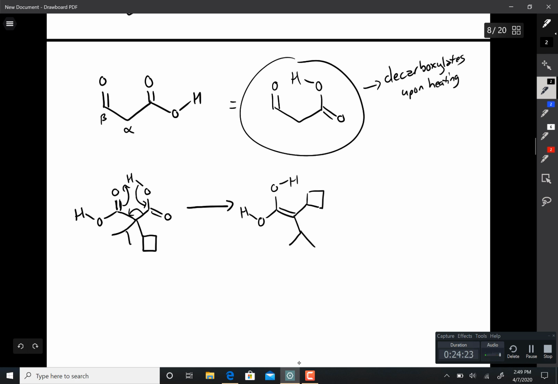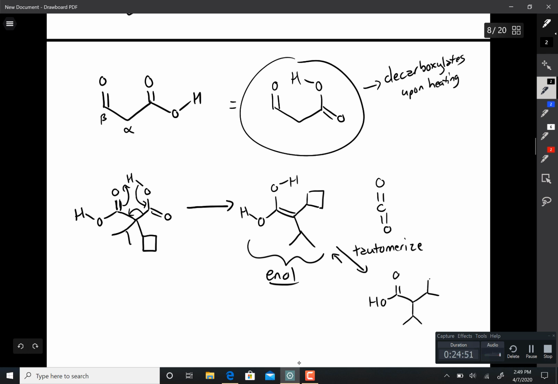What you end up getting is this compound and carbon dioxide. This compound is an enol. And enols tautomerize into carbonyls. This particular one ends up going to a carboxylic acid.